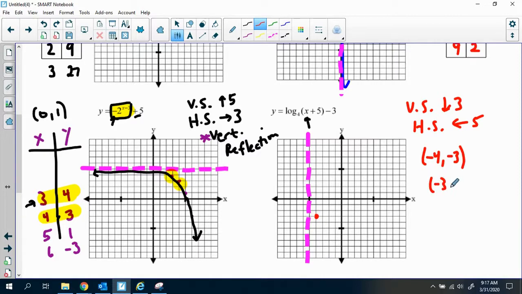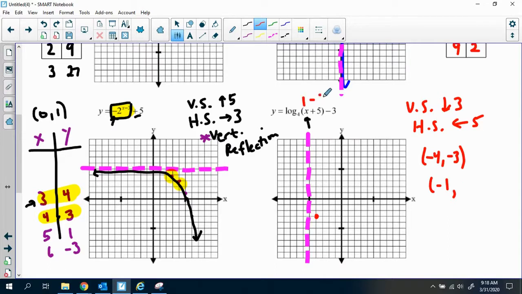If I sub in -3, I get log base 4 of 2. Well, that's not really going to help me that much. I mean, I can get it, but it's a whole lot easier to sub in things that are going to make the inside multiples of 4 to a power. So I'm going to sub in -1 next, because -1 plus 5 is 4, and log base 4 of 4 is 1.